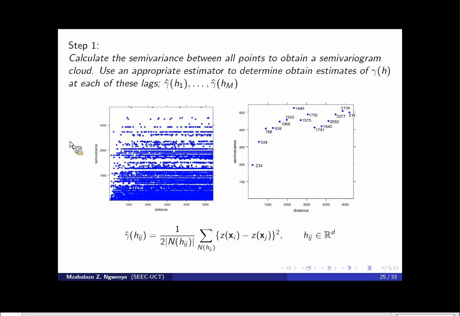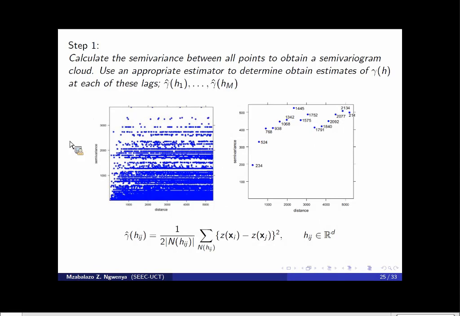So for each point, I have to calculate how far it is from each of the other points, and then have an estimate of the semi-variance. So this is our first graph here. We've got the distances of the points to each other, and this is the semi-variance we obtain from those points, which is very messy.